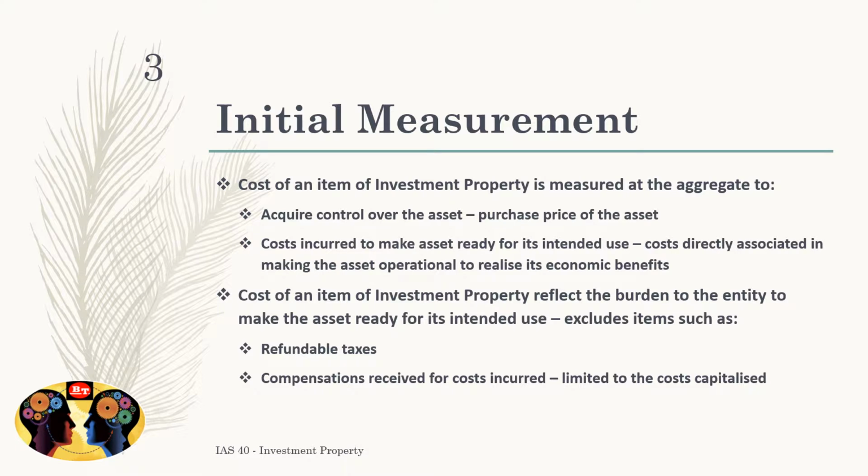The cost of an item of investment property reflects the burden to the entity to make the asset ready for its intended use. It excludes items such as refundable taxes and compensation received for costs incurred, limited to the costs capitalized.